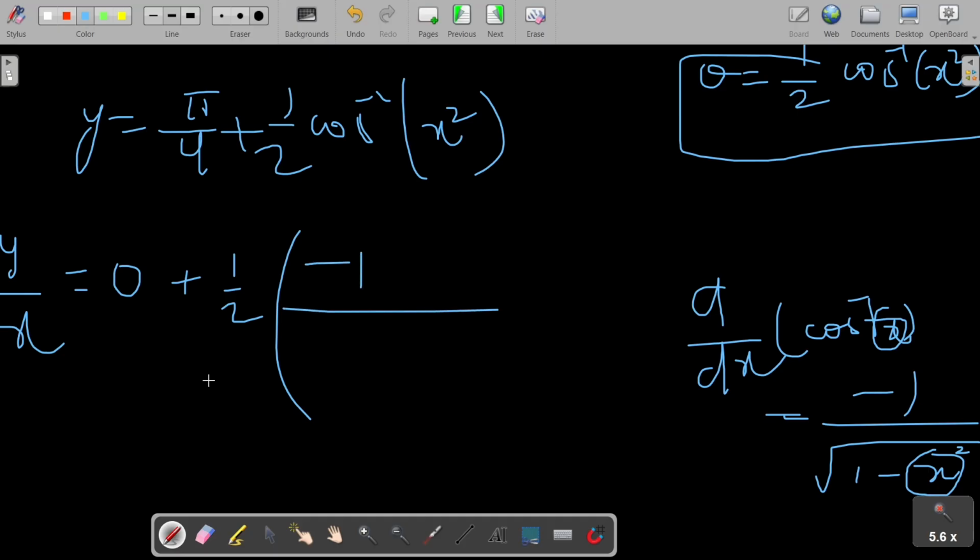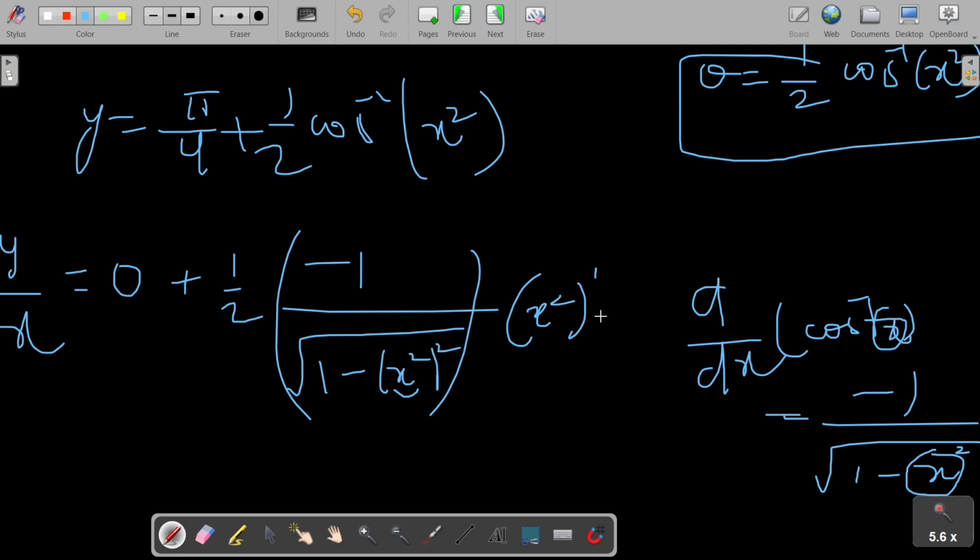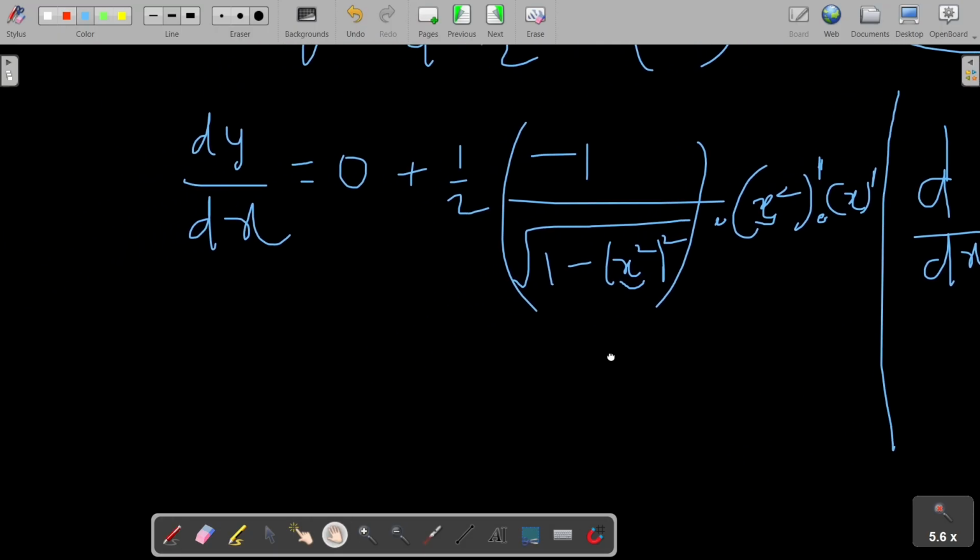So 1 minus x squared whole squared. We need to apply the chain rule here also. We need to differentiate this again: x squared prime, the differentiation of x square, multiplied with this thing, and we need to multiply again by differentiating what is in this thing. So that is the chain rule.